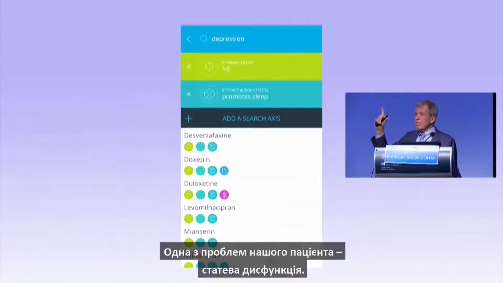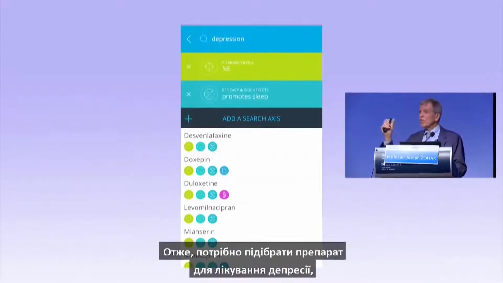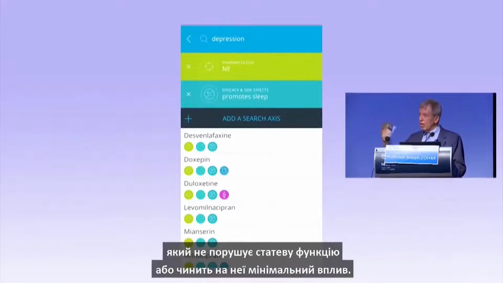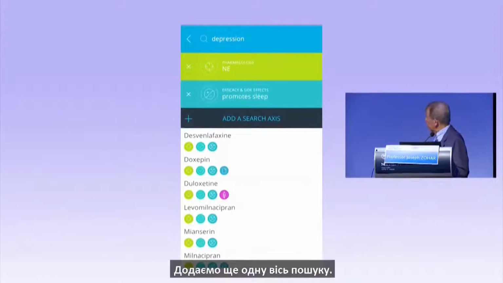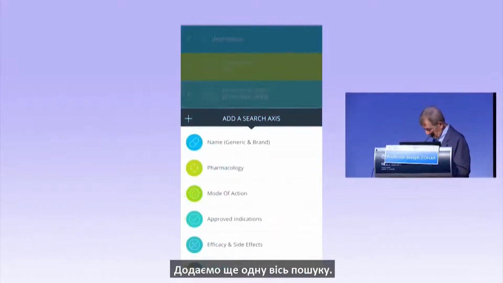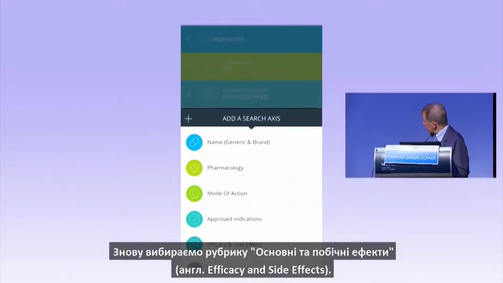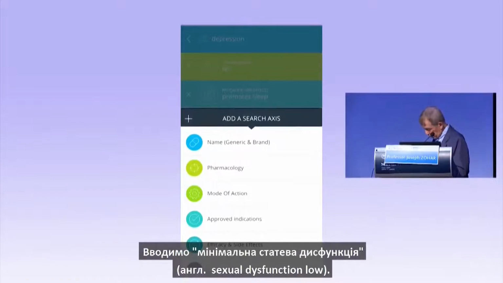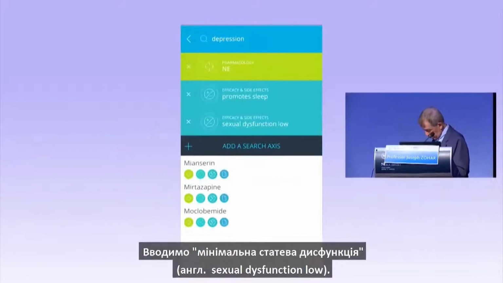But as you remember, one of the issues that the patient came with was sexual dysfunction. So we'd like to choose medication for depression that is not interfering or has minimum effect on sexual dysfunction. So what we are doing again, we push on search axis and push on efficacy and side effect and type sexual dysfunction.